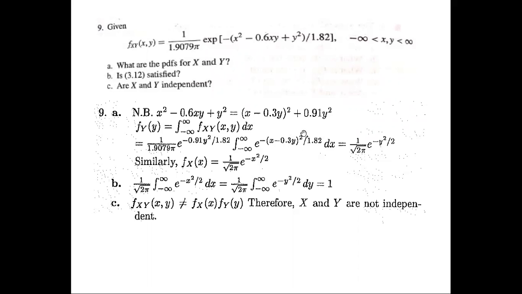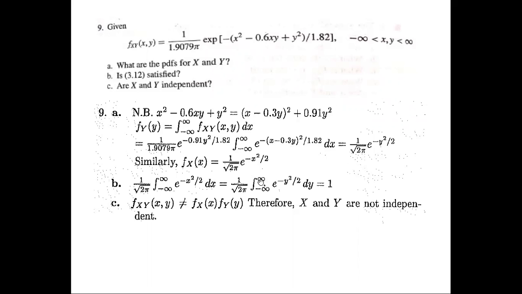If you integrate this with respect to dx, only the x term is there, and we get 1 by root of 2 pi e to the power of minus y squared by 2. Please try to integrate this and check whether you get the same thing.